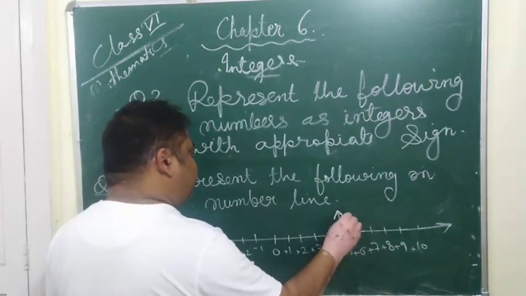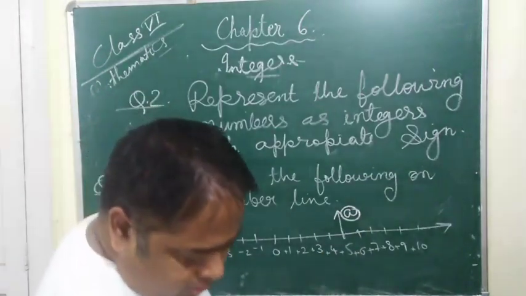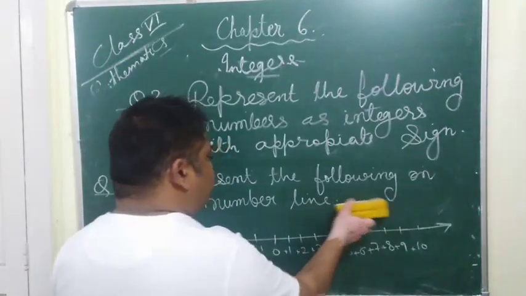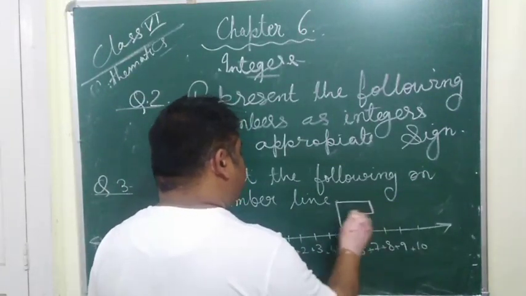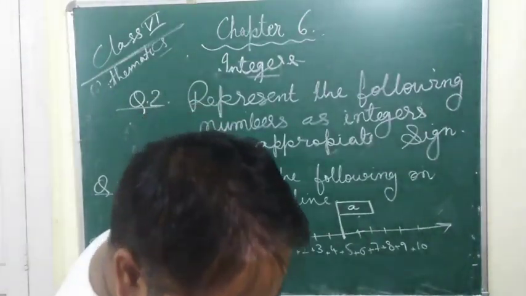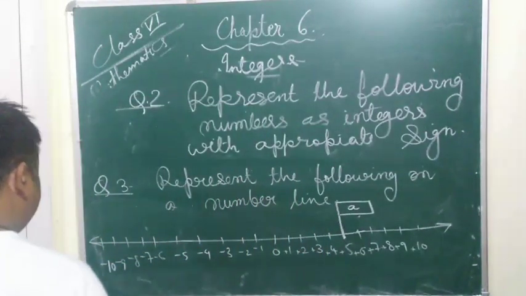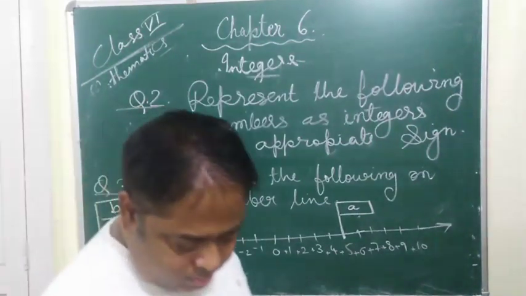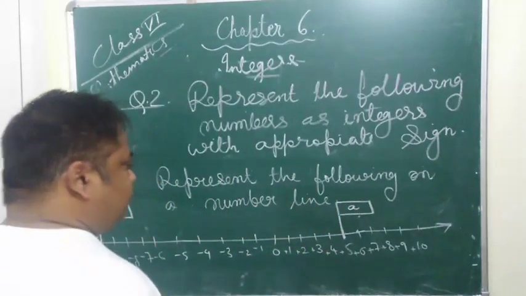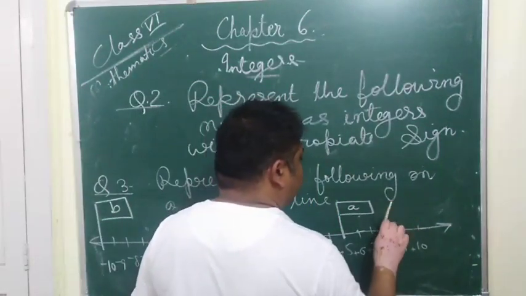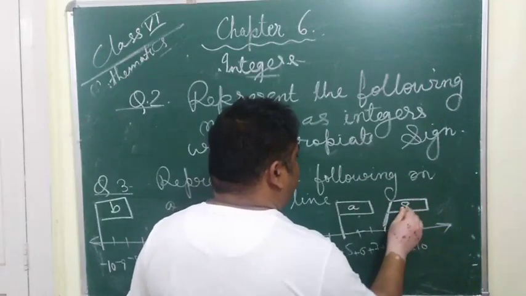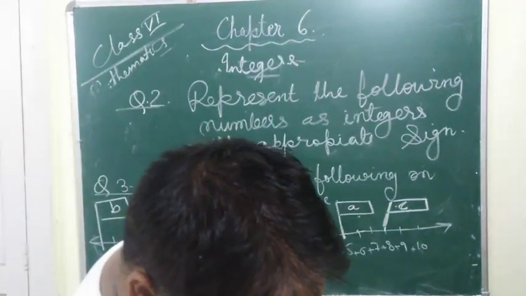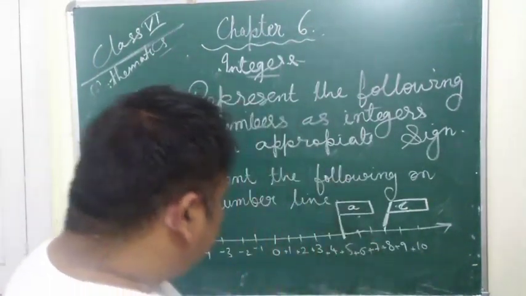So I can flag this out as A. Or you can make one flag also like this. This is A. Next is -10. -10 is B. C is +8, this one. Next is -1.